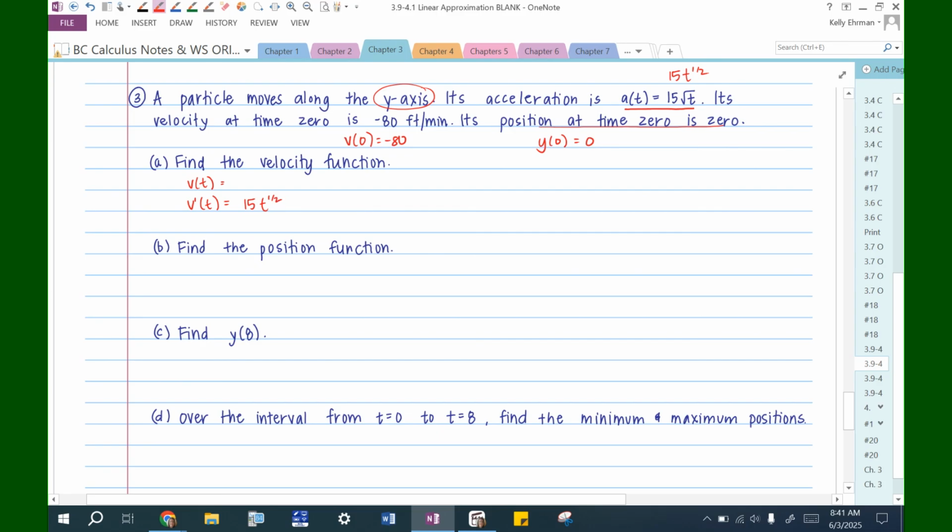What would I have to multiply? If I subtract 1 from the exponent to get 1/2, what would I have subtracted 1 from? 1.5, right? 3 over 2 minus 1 is 1 over 2. And then the number up front needed to be something times 3 over 2 equals 15.